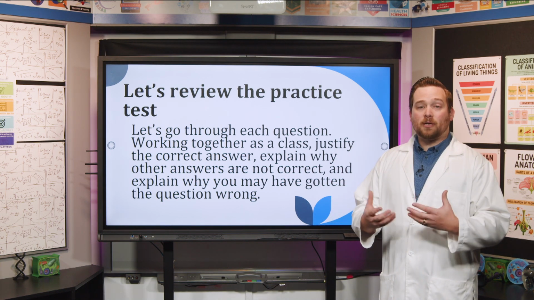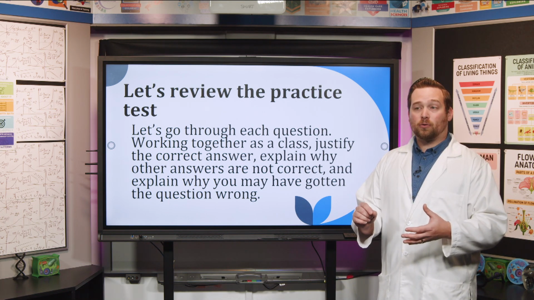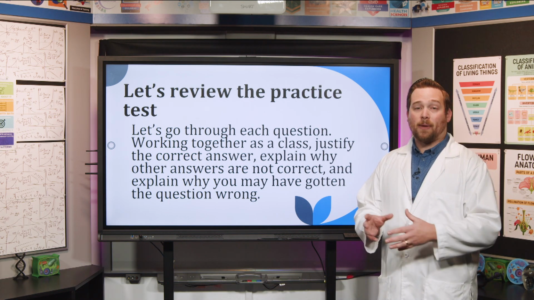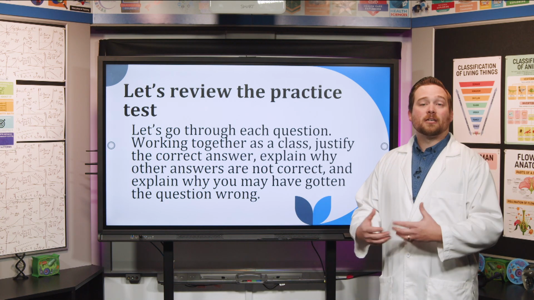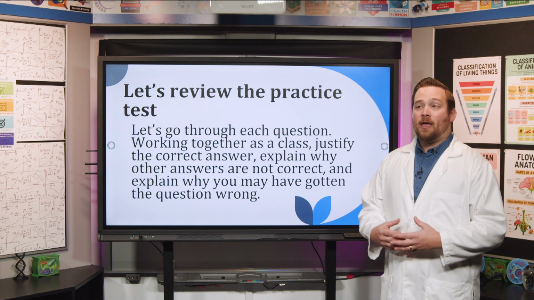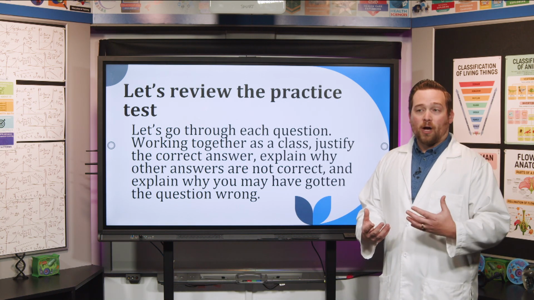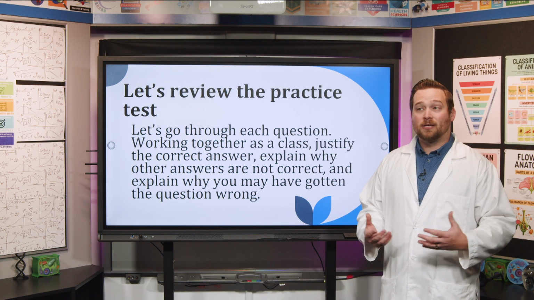It's going to be important for y'all to practice doing this, because if y'all are walking through and looking at the questions, talking about how we got the right answer, why you got it wrong, that's going to help you when you're taking the ACT further down the line. When you're talking about why you got the question wrong, it's okay to just say, I was running out of time and I had to guess.